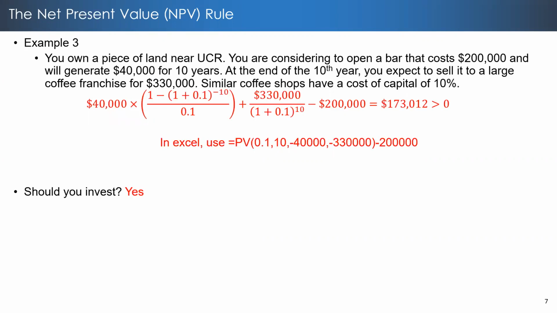So take a minute to do this problem yourself. You own a piece of land near UCR. You're considering opening a bar that costs this much and will generate this much for 10 years. How would you make a decision of whether to open this bar using this piece of land or not? You can do it in two ways. The first way is very similar to what we have just done.